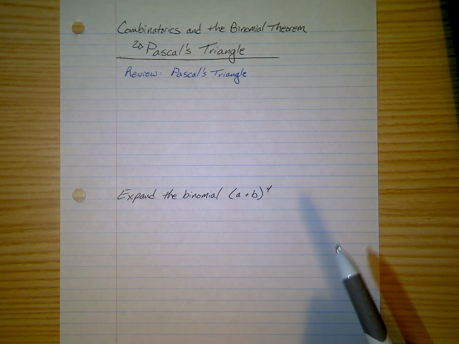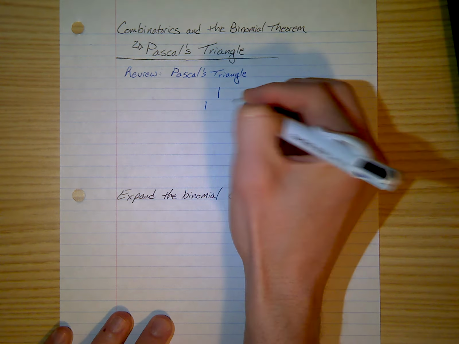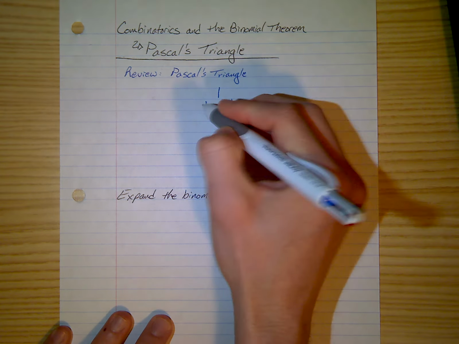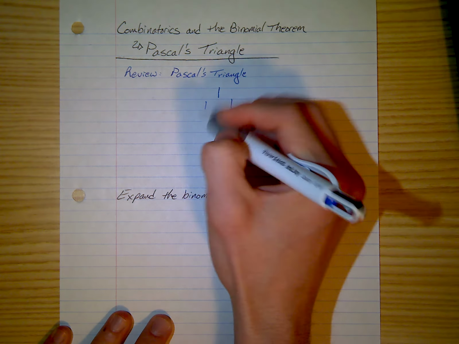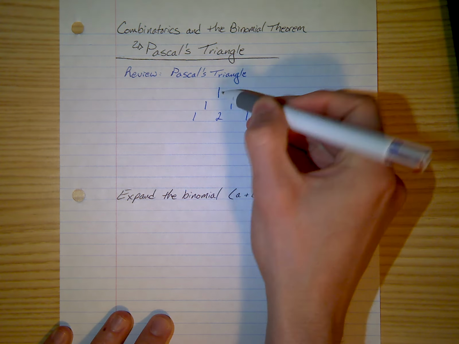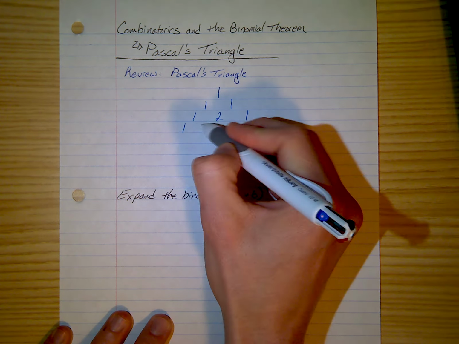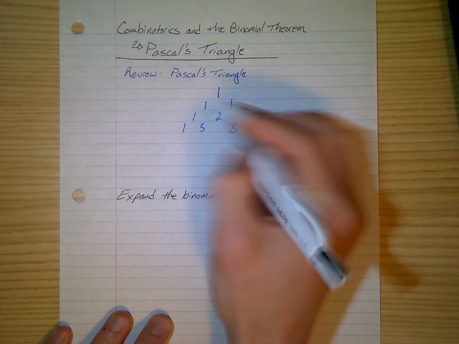So to review, Pascal's triangle. Pascal's triangle is the one that starts with a bunch of ones here, and then you add the two numbers directly above it. So the third row would be 1, 2, 1. I guess this is the 0 row, first row, second row. And then you do 1, 3, 3, 1.